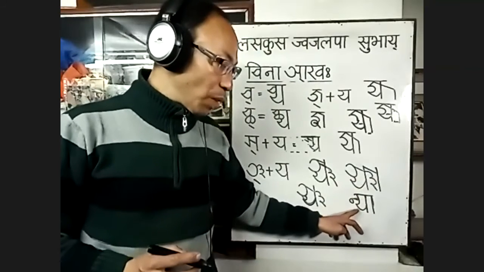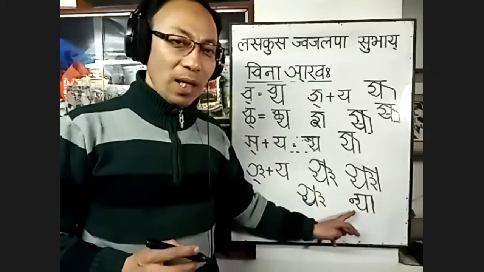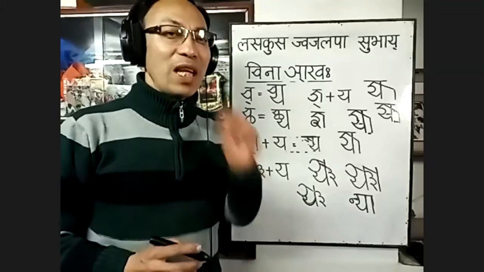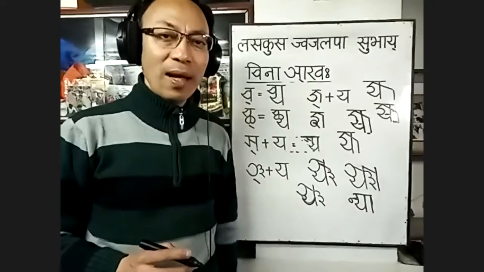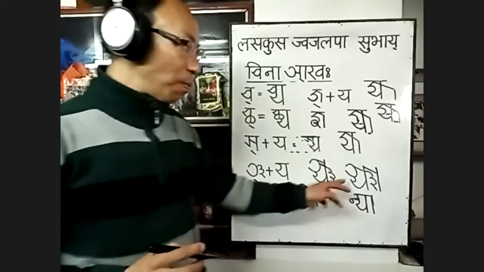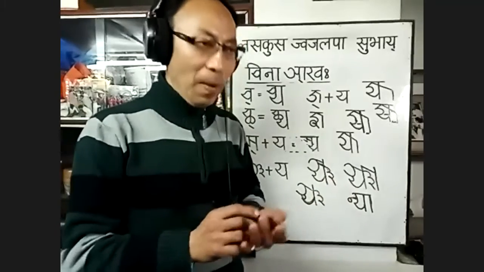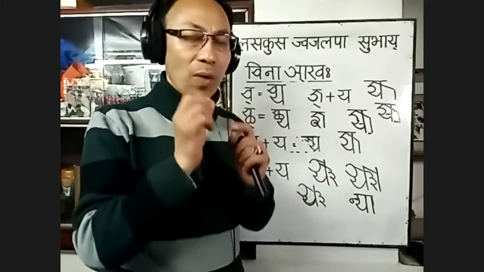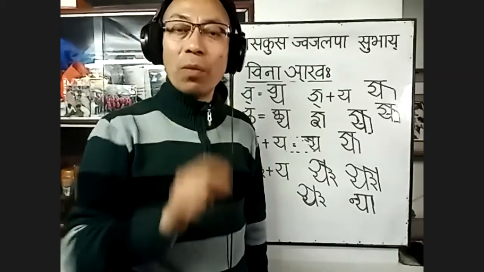When you put no and add ya, you pronounce it nya by hitting your tongue just a little above your teeth. Nya, nya. But when you pronounce this sound, I don't know how to say it, but you stick your tongue at the upper part of your mouth.